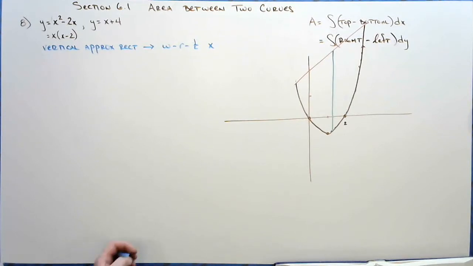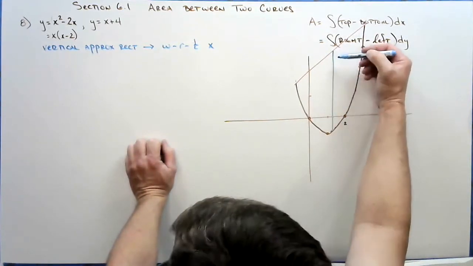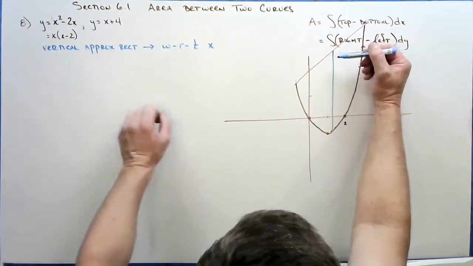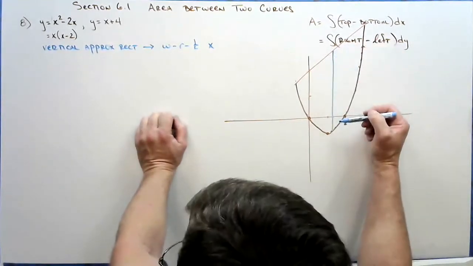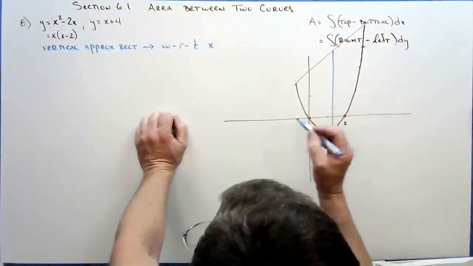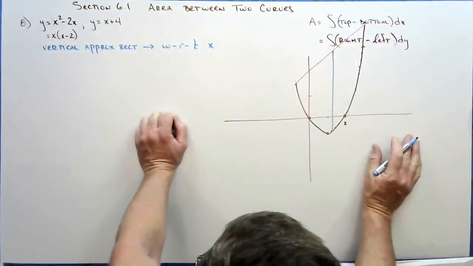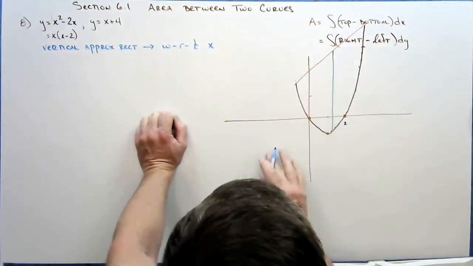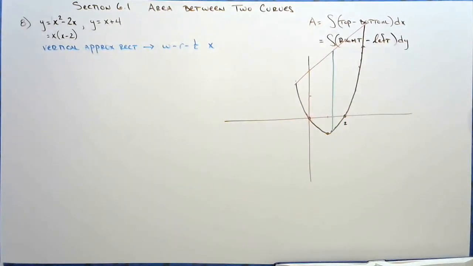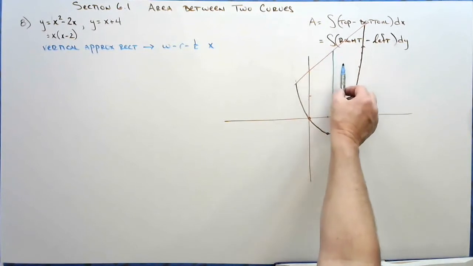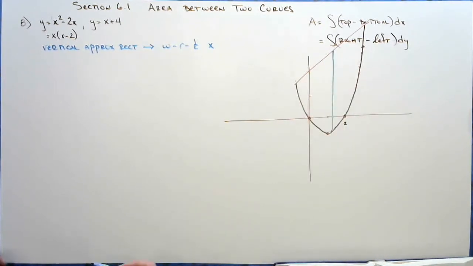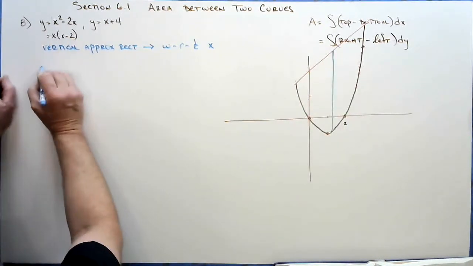I like to look at my approximating rectangle, and whichever axis it's perpendicular to, that's what I'm going to use. So here, we're perpendicular to the x-axis, so we're going to integrate with respect to x. But the real reason, of course, is because we're using a vertical approximating rectangle. So now we know where to go from here.